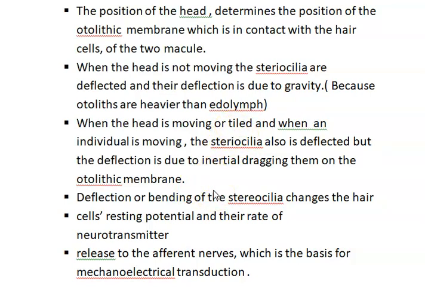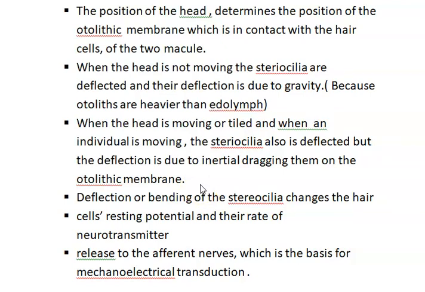But how? When the head is not moving, their deflection will be due to gravity. But when the head is moving, or it is tilted, or an individual is moving, the bending of our stereocilia will be due to inertia.